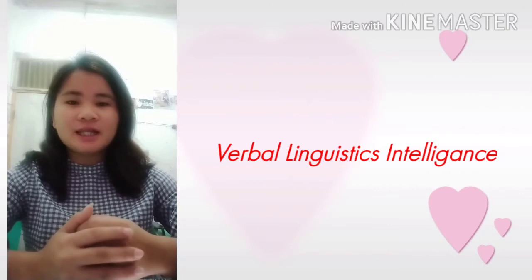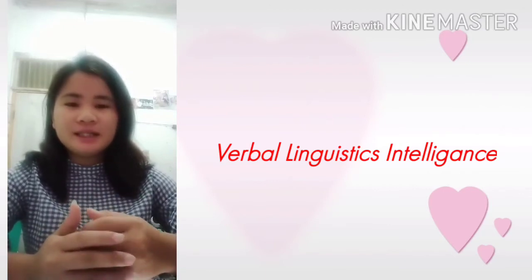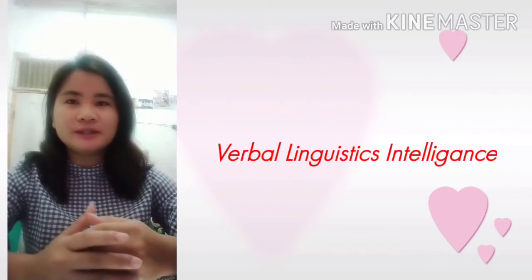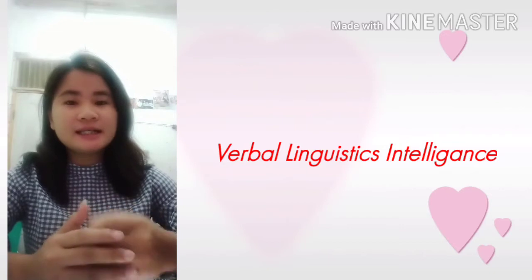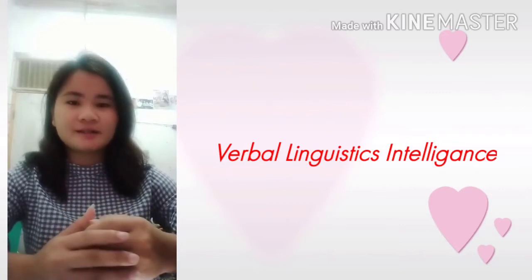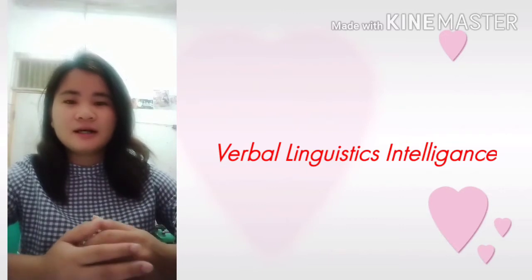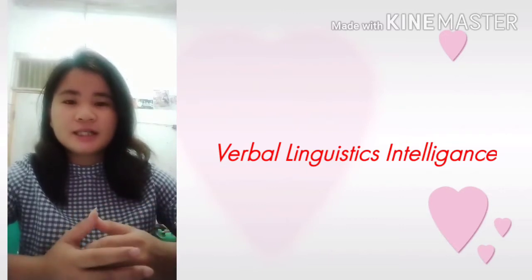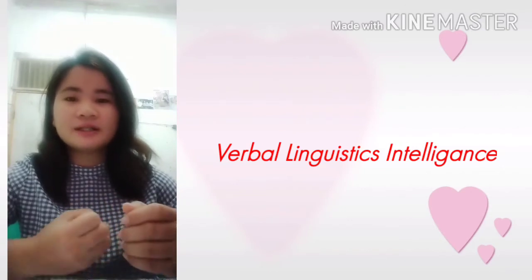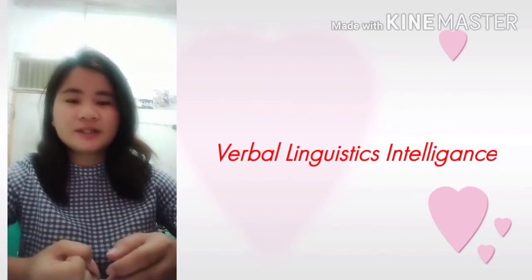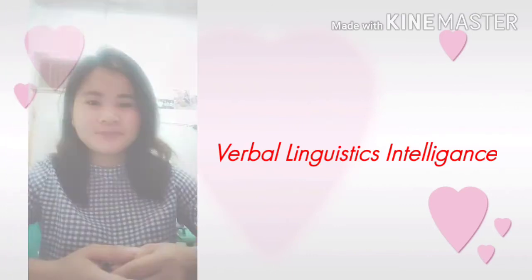Verbal linguistic intelligence involves the ability to use words effectively for reading, listening, and speaking. Generally, verbal linguistic intelligence is for careers, for example, journalist, writer, teacher, politician, and so on.